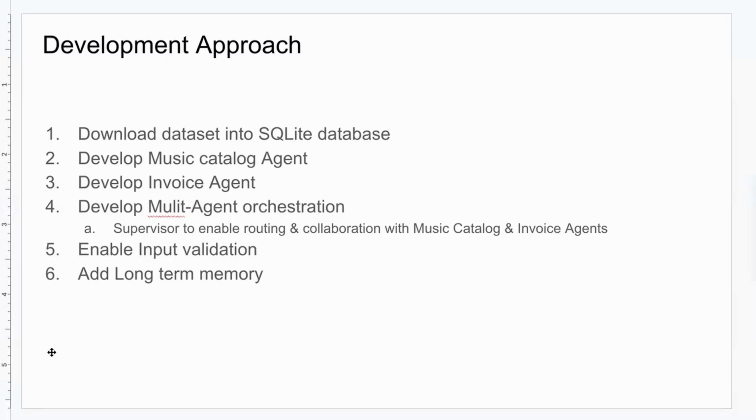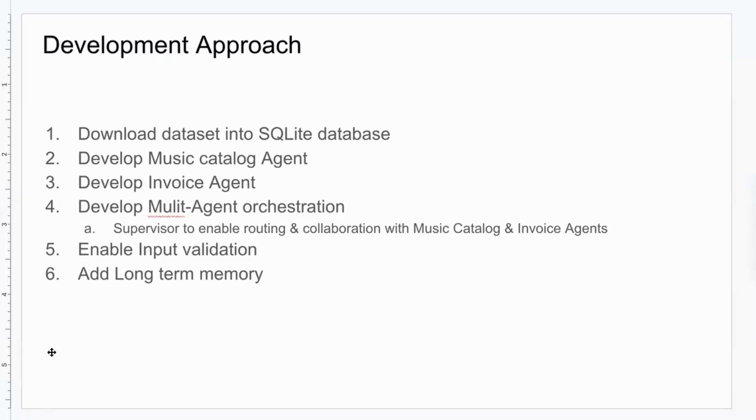Anything related to the catalog will be answered by the music catalog agent. It could be a simple question or a multi-step question. The music catalog agent needs to answer very complex questions, not only simple ones, with multiple criteria and multiple conditions in the prompt.